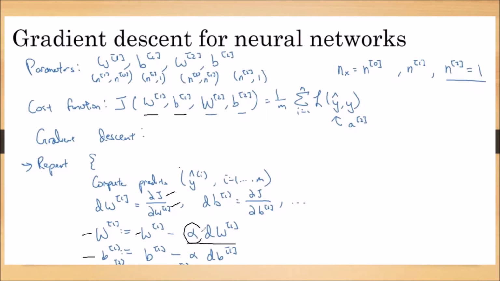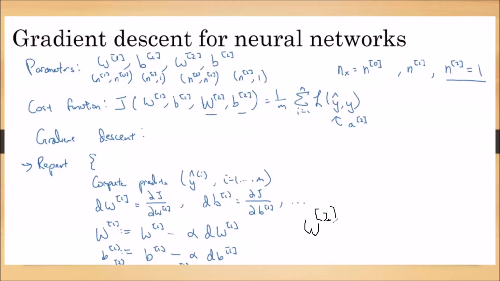This alpha is the learning rate, and dW1 is the differentiation of the cost function with respect to W1. And similarly, we update B superscript 1, which is B superscript 1 minus alpha dB. So alpha is the learning rate and dB is the differentiation of the cost function with respect to B. After we have written these two steps, we can also write another two steps, that is W superscript 2.